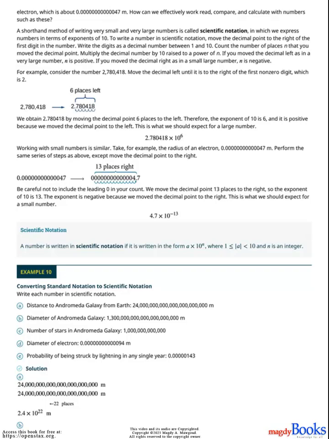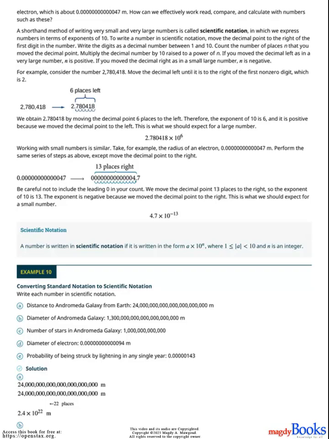Be careful not to include the leading zero in your count. We move the decimal point 13 places to the right, so the exponent of 10 is 13. The exponent is negative because we moved the decimal point to the right. This is what we should expect for a small number. 4.7 multiplied by 10 to the power of negative 13.